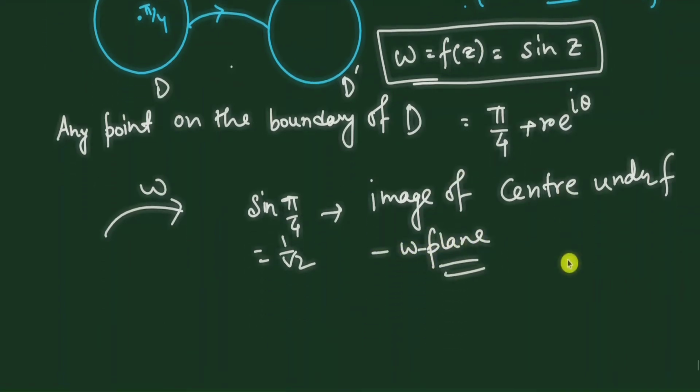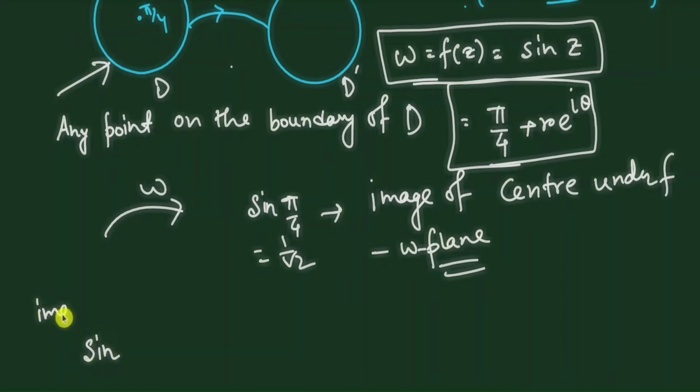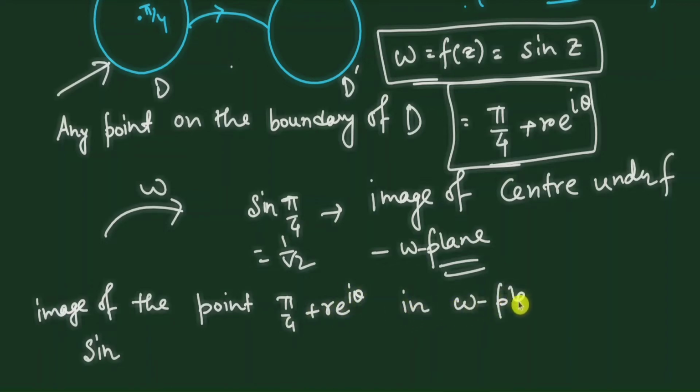Now we find the image of this arbitrary point which is situated on the boundary of the disk D. The image is sine of pi by 4 plus r e to the power iota theta in the w plane.